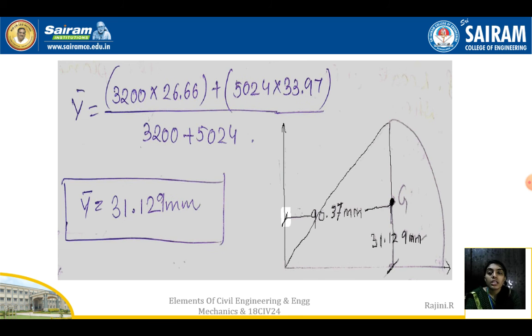Here you can see, if you're finding from the base, that is 26.6 you will get, and for the centroid of the quarter circle, you're getting 33.97, divided by area 1 plus area 2. So the y bar will be 31.129 mm. So in the figure you can see the centroid lies 90.37 from the y-axis and 31.129 from the x-axis. So this is the way of finding it. Thank you.